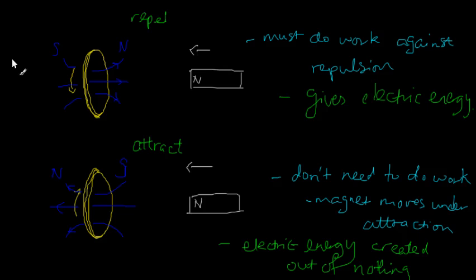And this is the part that can't be right, because we know that energy is conserved. So this must be wrong. Therefore, this direction must be wrong, and that must be the correct direction, because we must do work to get the energy according to the law of conservation of energy.